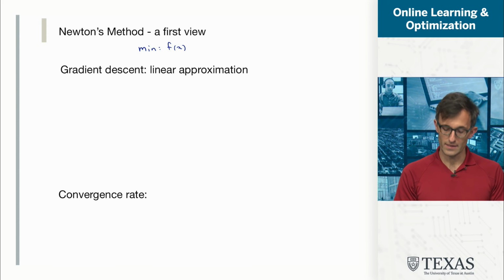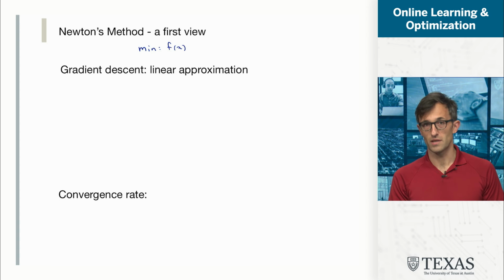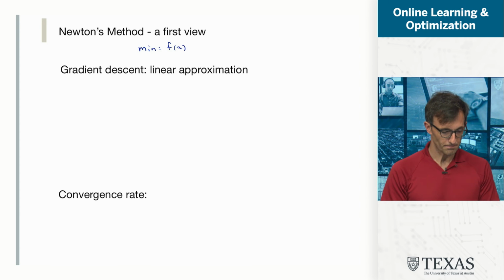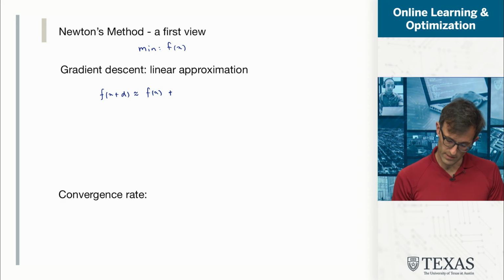So what was gradient descent? One way to motivate it is to say, I don't know how to minimize f of x, that's a hard problem, so instead, let's make a linear approximation to f and minimize that. So the idea was, let's say that f of x plus d is roughly equal to f of x plus the gradient of f at x times the direction d.